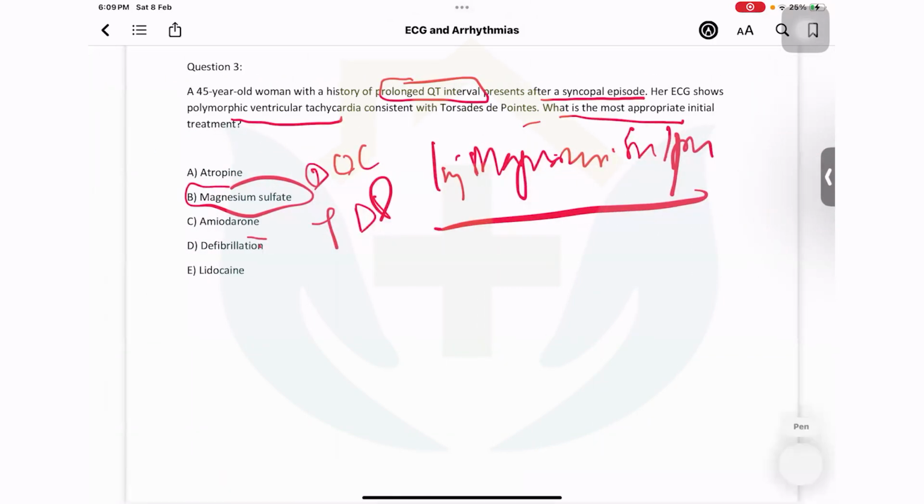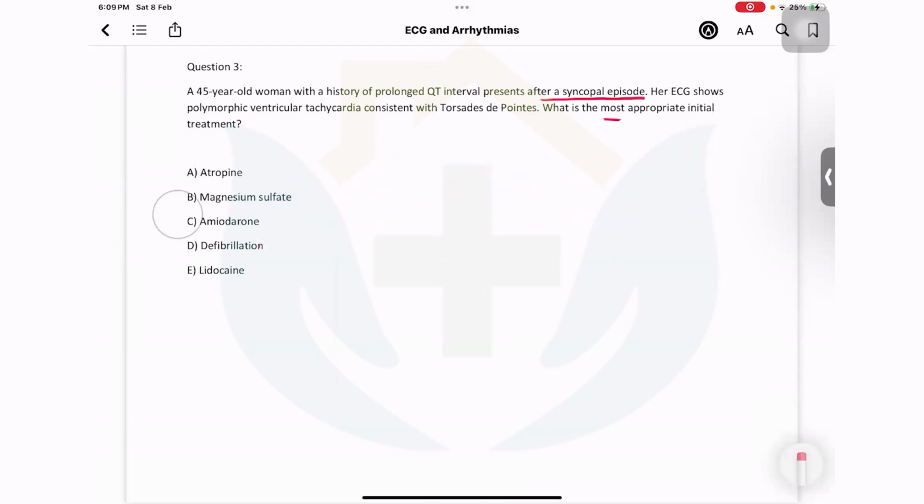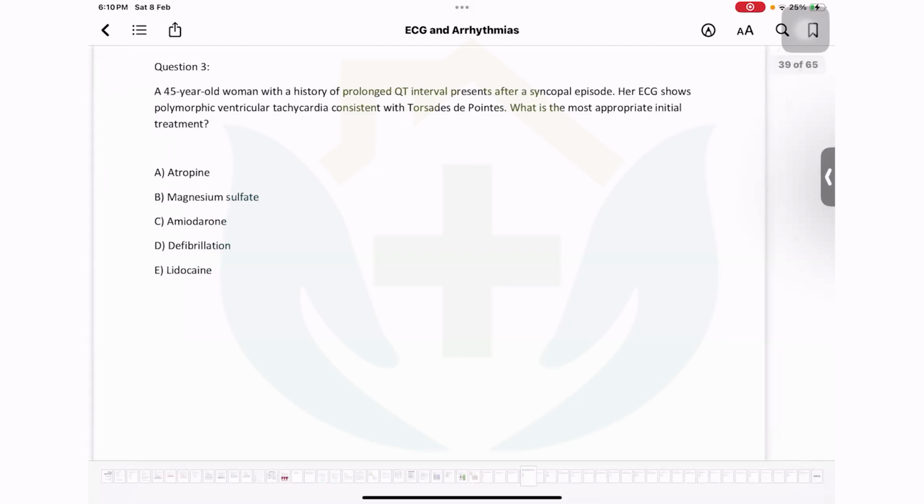All right. So there will be a mixture of all the ECGs here. A 45-year-old woman with a history of long QT interval presents after a syncopal episode. Her ECG shows polymorphic VT, consistent with Torsades. So what is the most appropriate initial treatment? Magnesium sulfate, 2 grams.